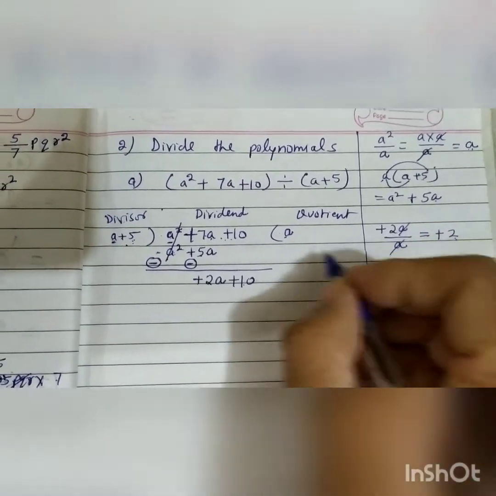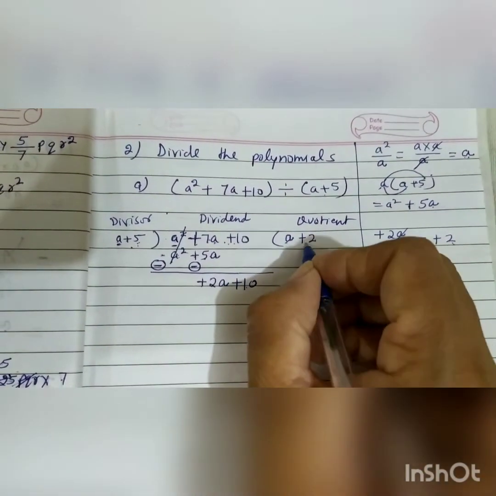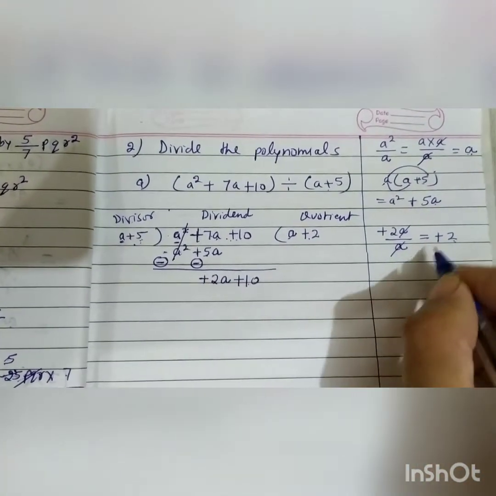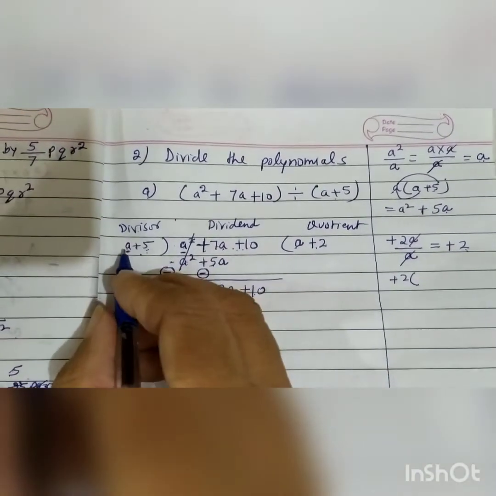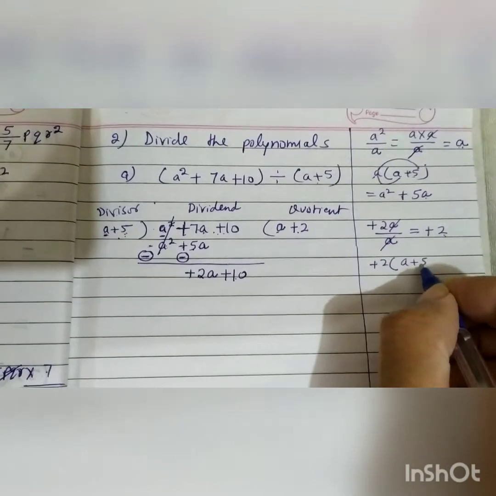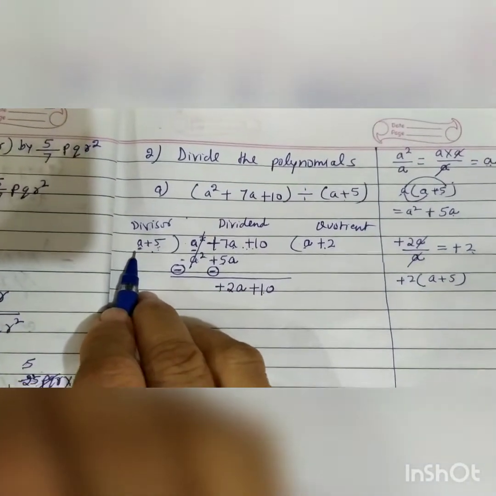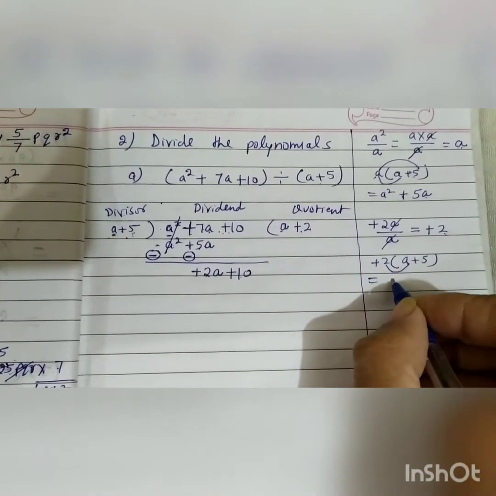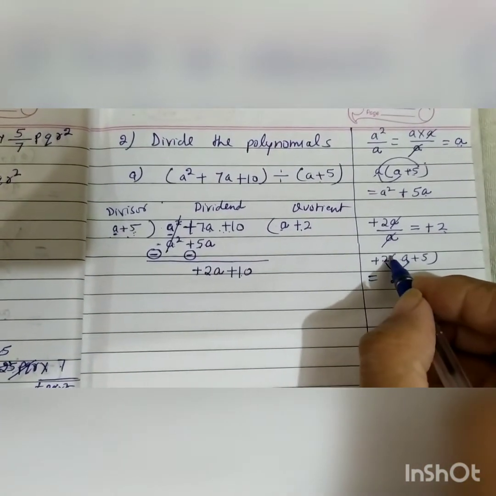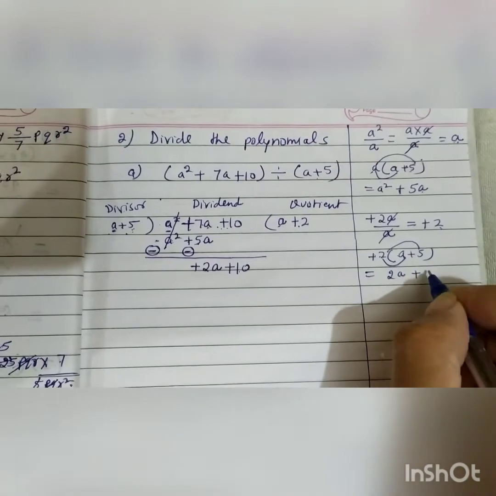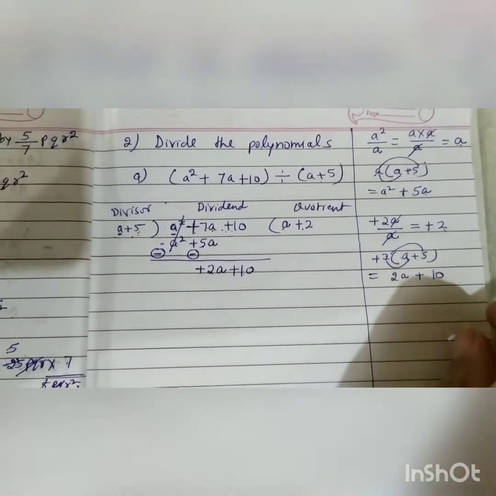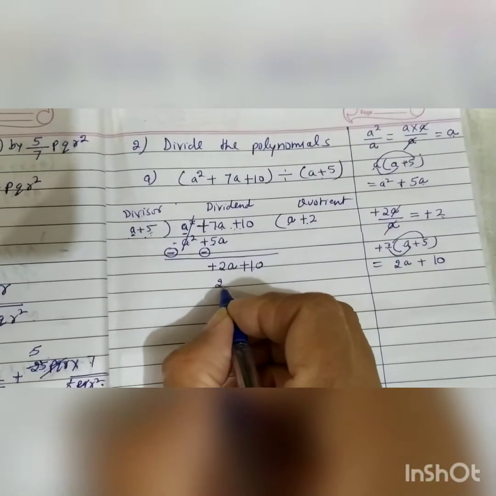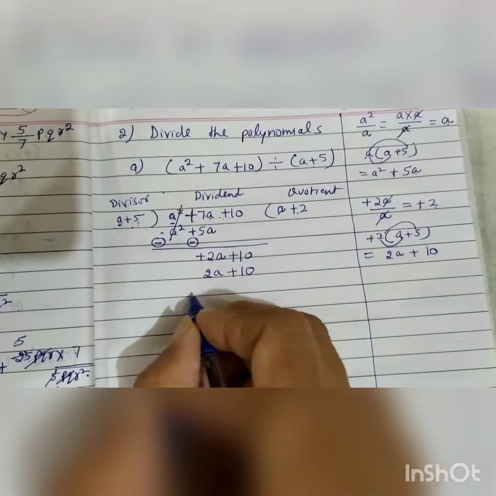Now we will write this plus 2 again in the quotient and again multiply this a plus 5 by this plus 2. Plus 2 multiply a will be 2a, and plus 2 multiply by 5 will be plus 10. We will write 2a plus 10 here.